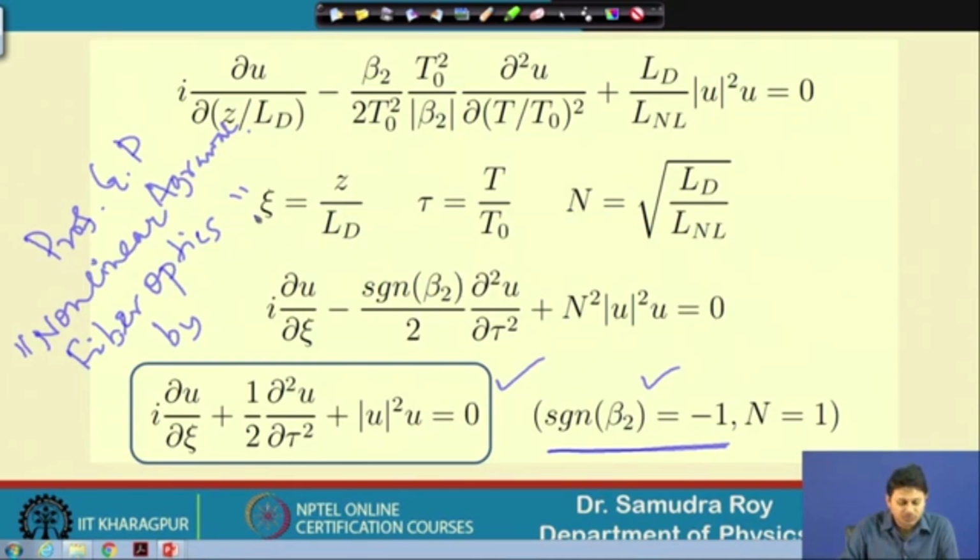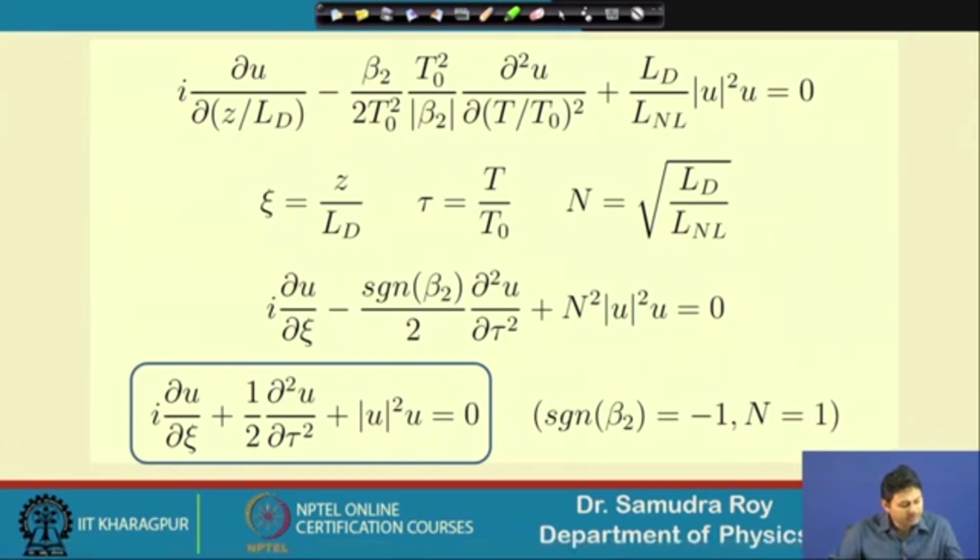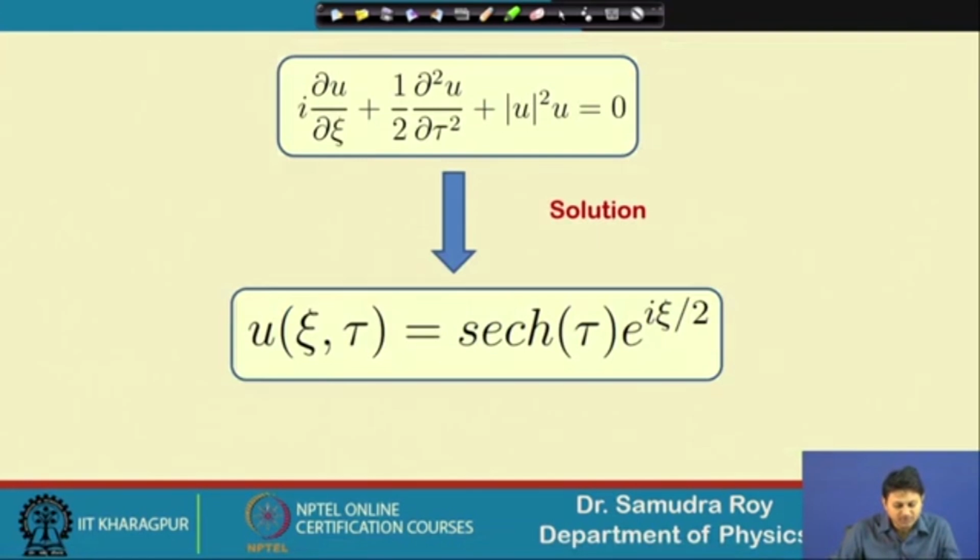So, I am not going to discuss it in this class. In this class, you just need to know what the solution should be, so I directly write its mathematical form.